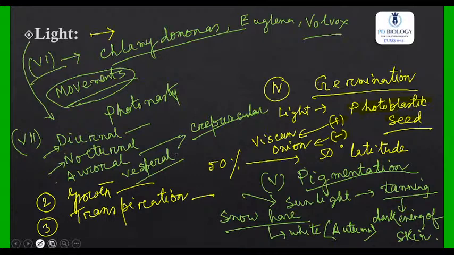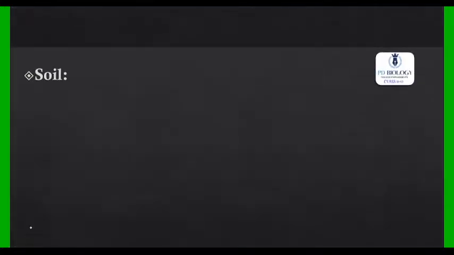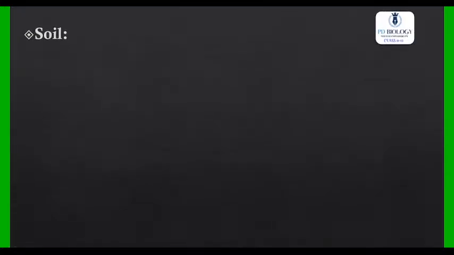So moving to the next part, next topic, that is soil. Weathering or breaking of rocks, soil is very much related with weathering.